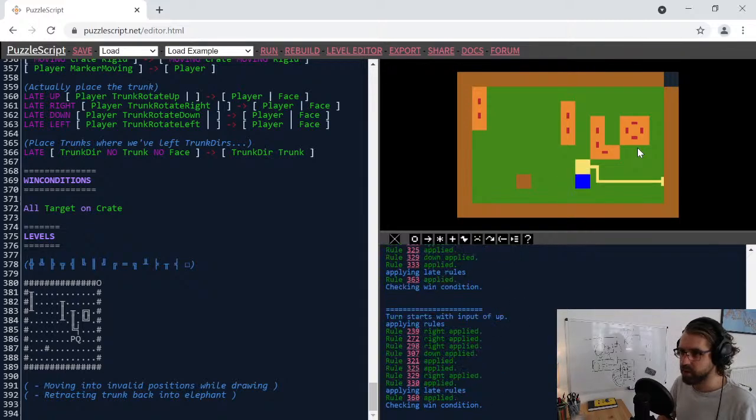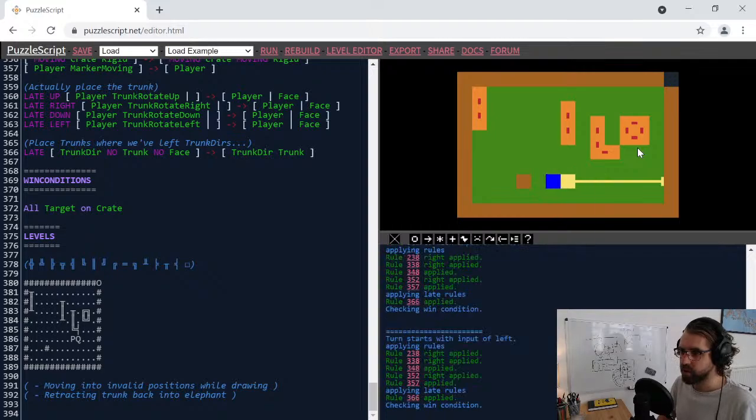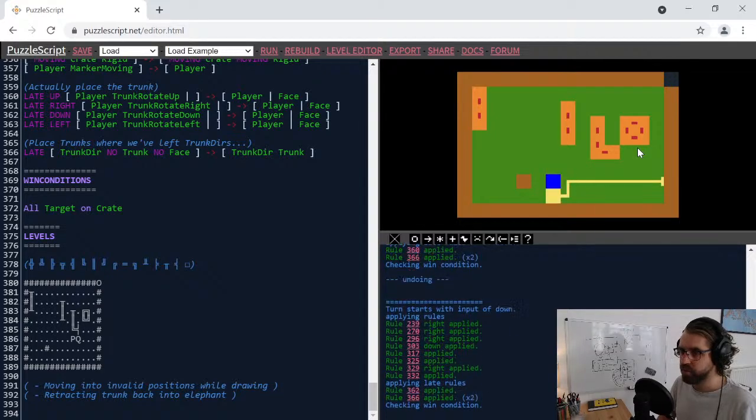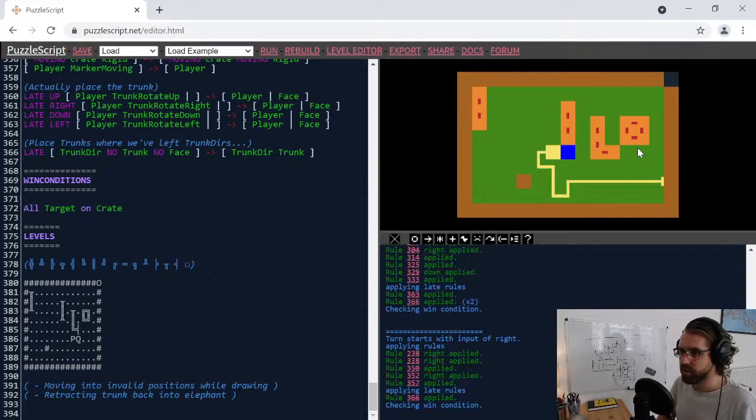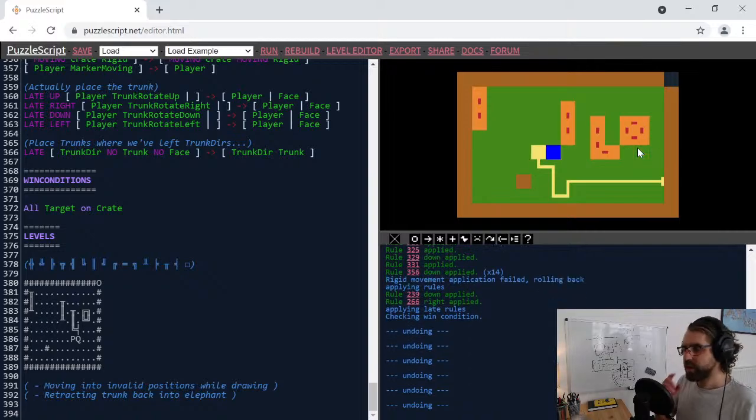Yeah, okay, so it's just rotating. That's a problem, I think. What if I go like this, this, this, and then we'll try and walk over my thing? I can't. Okay, it's just rotating, that's a problem.